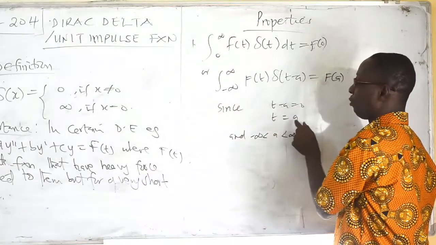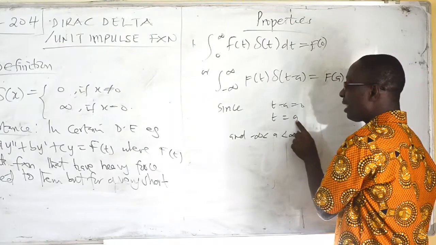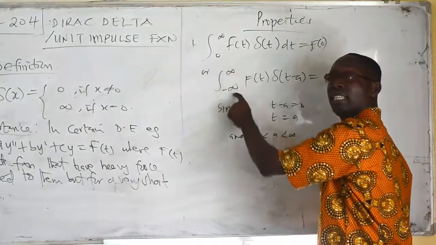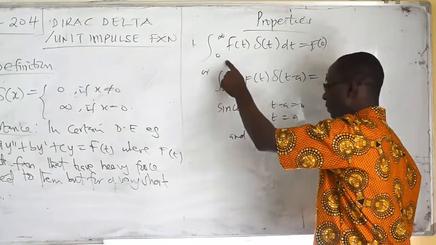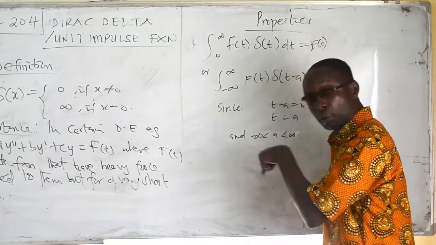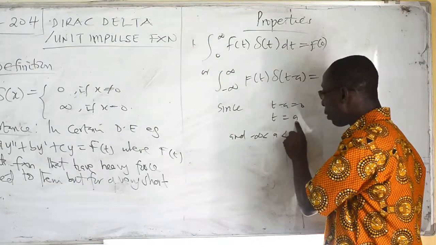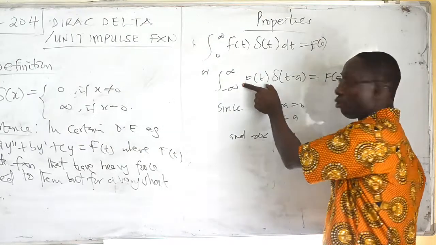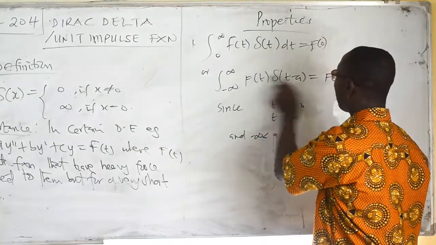Make t the subject to get a. Because this answer a falls between negative infinity and positive infinity, it is possible to find an answer. Put this a inside the function at the back. So when you put t equal to a, you get f of a, and that is the answer.